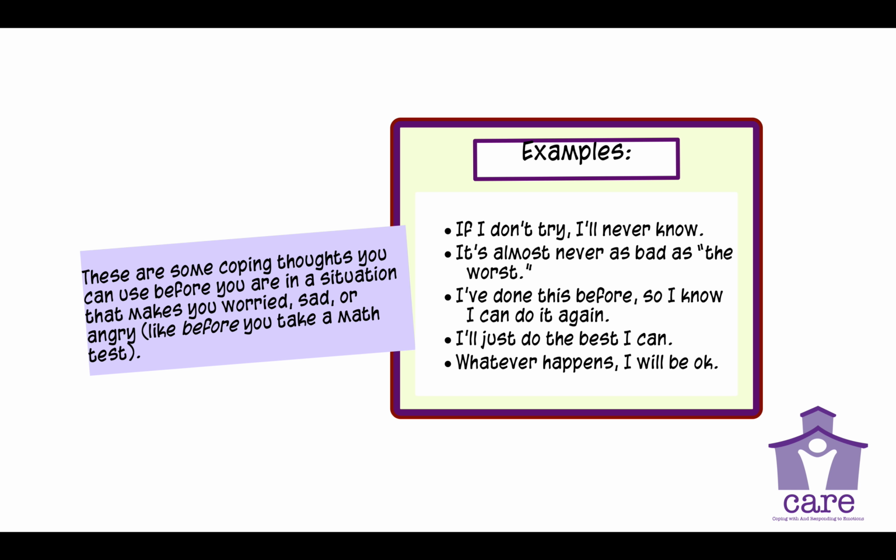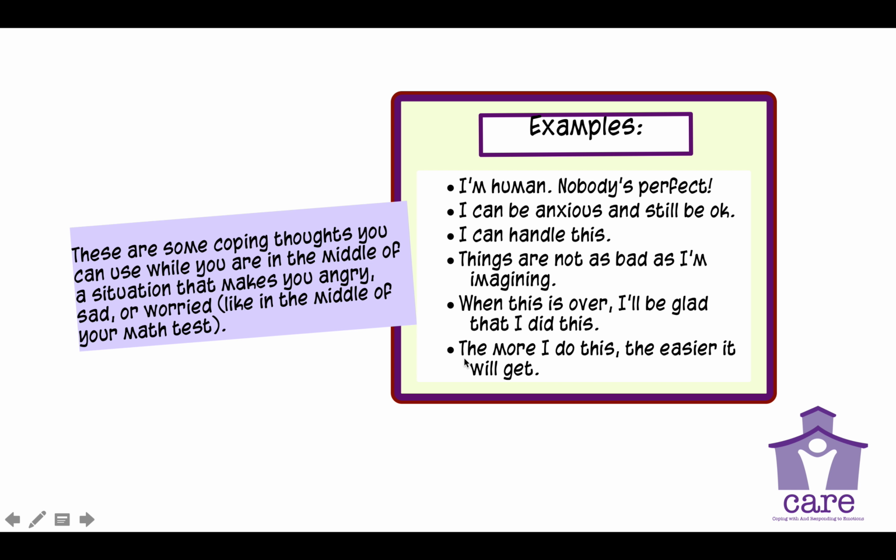We broke them into coping thoughts that you might use before you're in a situation that might make you angry, sad, or worried. And then we also have some examples of coping thoughts that maybe you would use in the middle of a situation. So if you're already mad, sad, or worried.